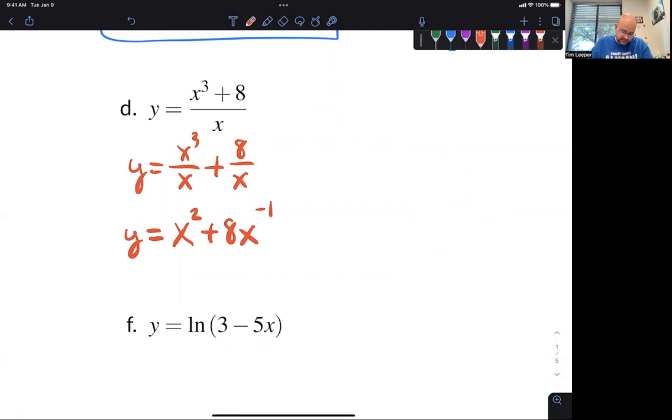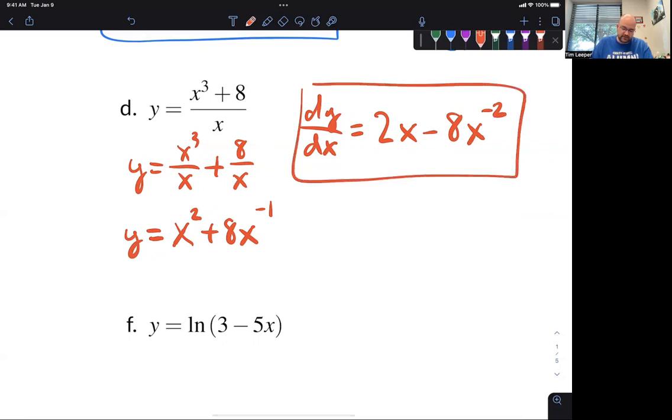So that's telling me that dy/dx here is equal to, bring the 2 down, that gives me 2x to the first power, because 2 minus 1 is 1, minus, sorry, negative 1 times 8 is minus 8, x to the negative 1 minus 1 is negative 2. And there you go. I'm perfectly fine if you leave it like that, but if you want to, you can write it down as 2x minus 8 divided by x squared. I'm pretty sure that's how it would look in your solutions.